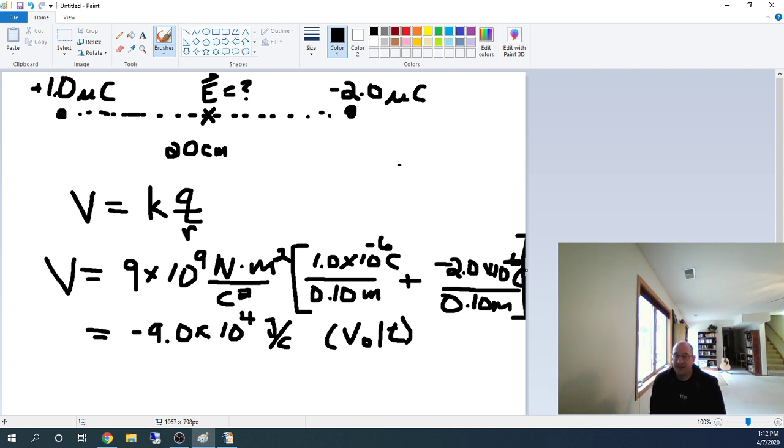So Sammy asks, how come E sub r was positive i hat rather than negative i hat? The reason for that was, luckily we still have our picture up here, at the spot where I want to know the field right here, this is a negative charge. Remember that electric fields point towards negative charges.